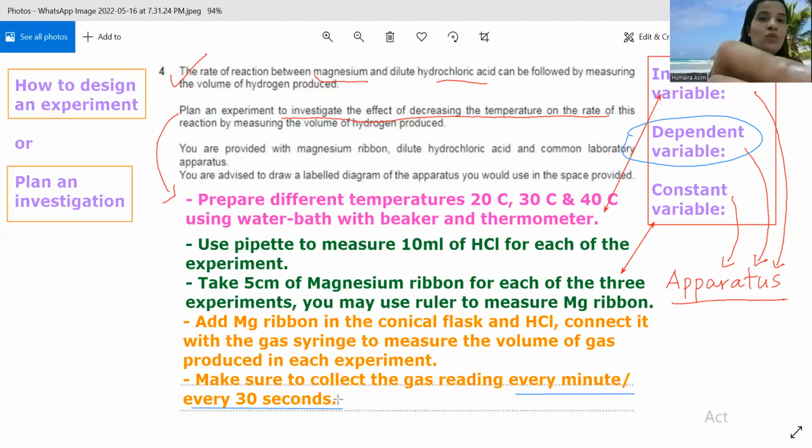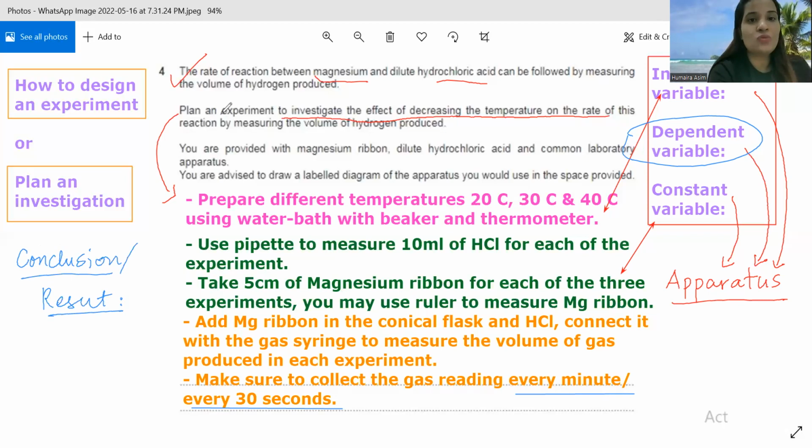Now you are going to make a conclusion. What should your conclusion, or you can say result, be? It is the rate of reaction, because this is what we are doing on rate of reaction. So we must conclude what they were asking us in the question.